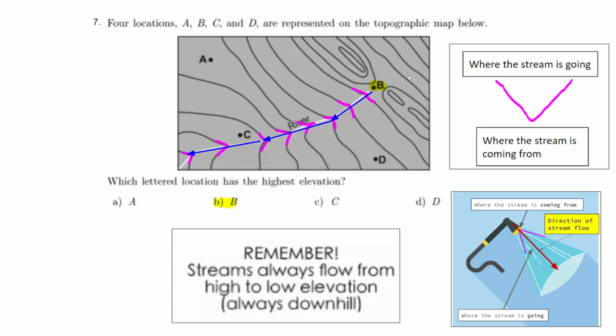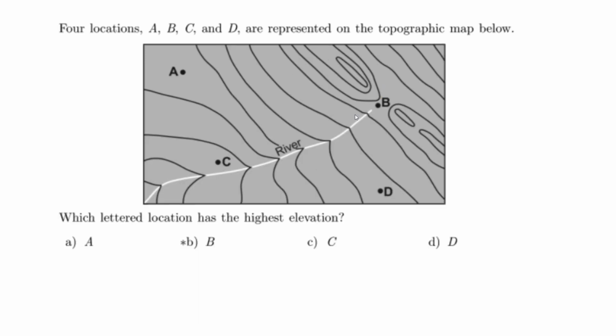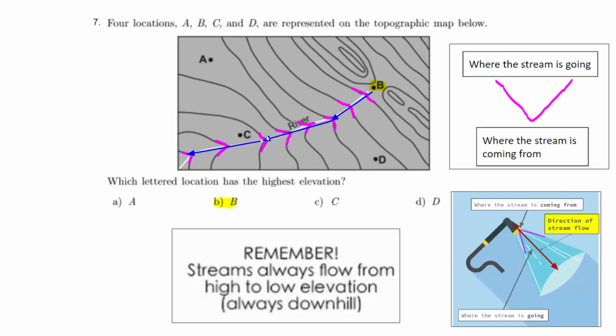And here's why. To know which way a river is going or where the highest elevation is, and I'm given a river, remember, streams always flow from high to low elevation. So which way is my river flowing? To figure that out, I'm looking at the V shapes that the contour lines are making. The opening part of the V is where the stream is going.